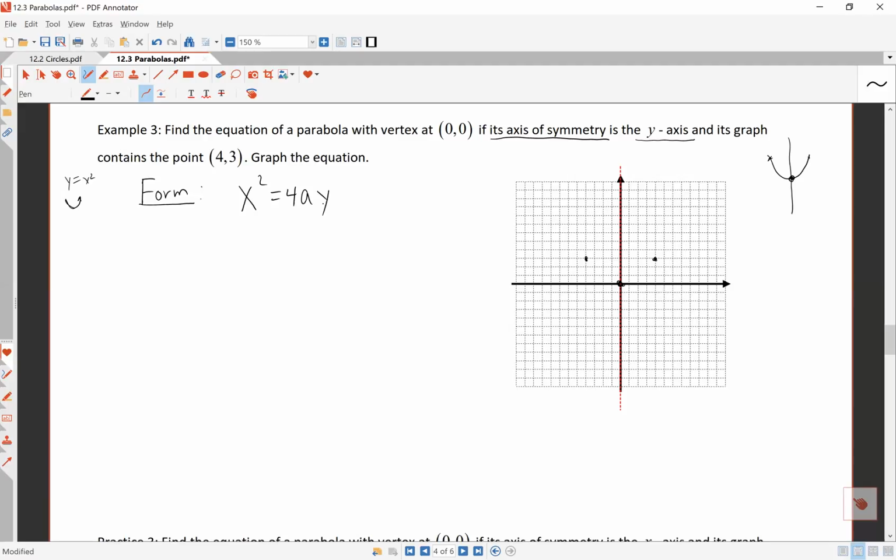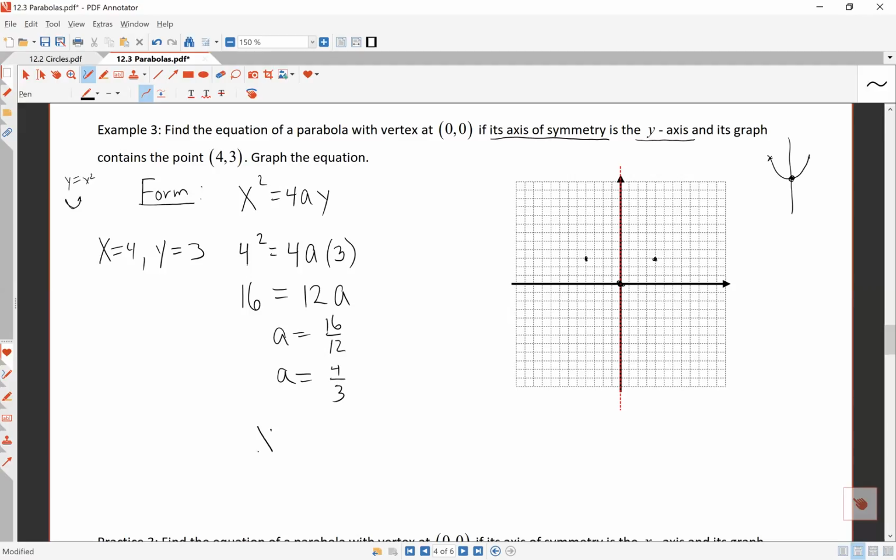So since we know that it goes through the point 4, 3, we're going to set x equal to 4 and y equal to 3. So that's 16 equals 12 times a, or a is equal to 16 twelfths, or 4/3.